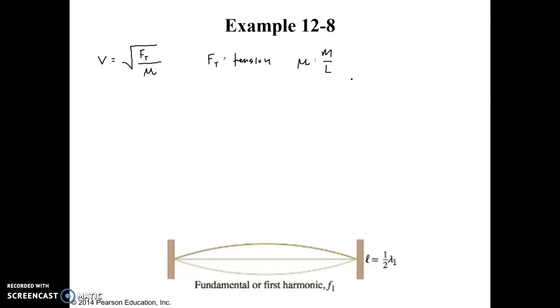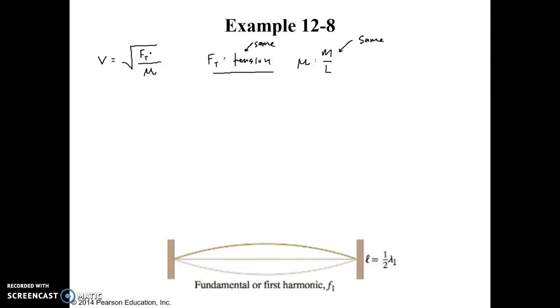And so in this particular problem, we were told in the problem statement that the tension of all of the strings was the same. I'll just write same. And the thickness of all the piano wires is the same.